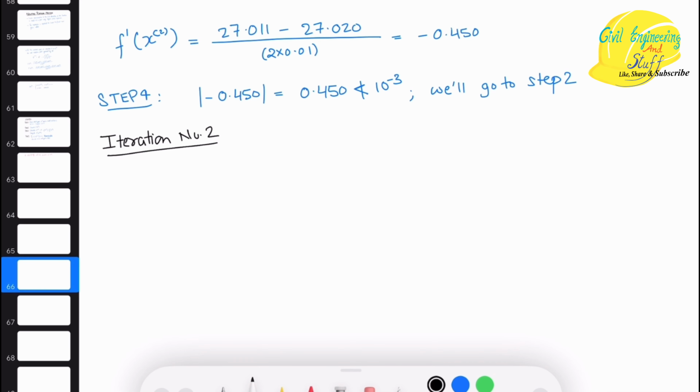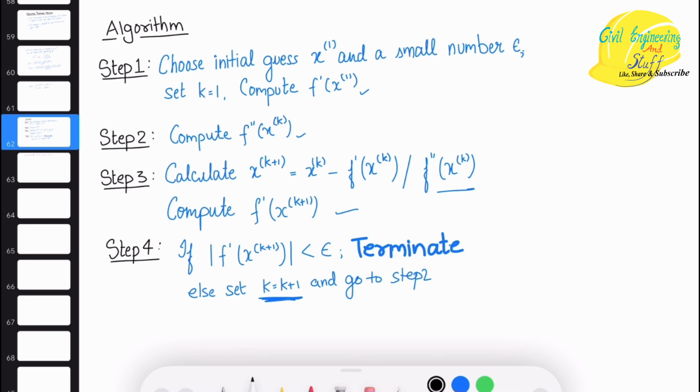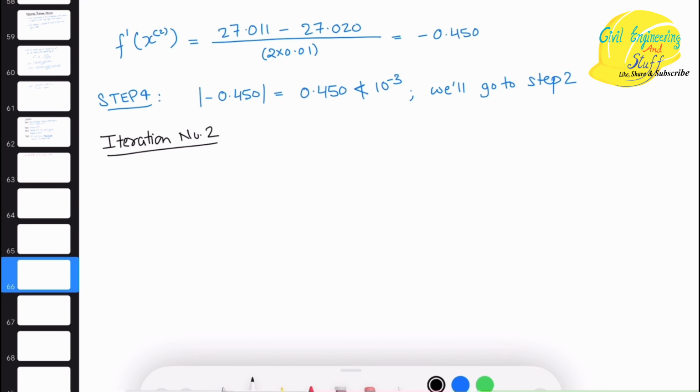So we have moved back to step number 2, and in this step number 2 we have to find out the second derivative of the point that we have found out, k equal to k plus 1. So we are again moving back to step 2, right?